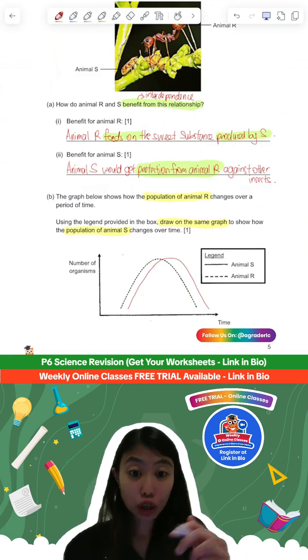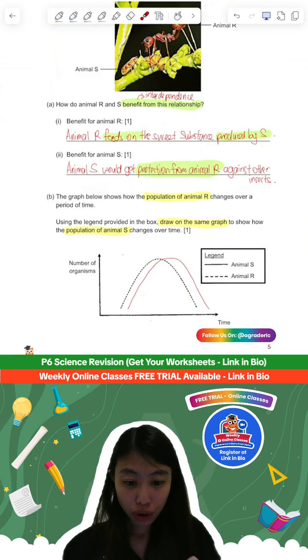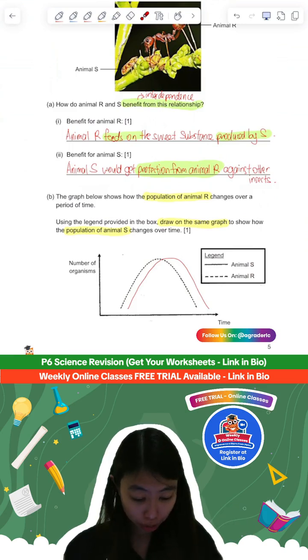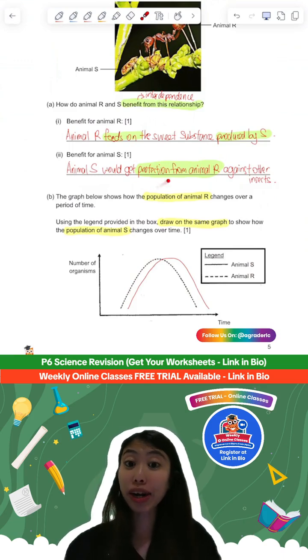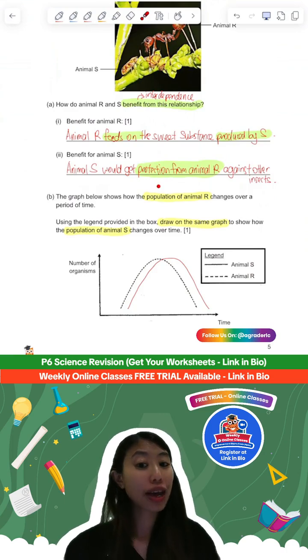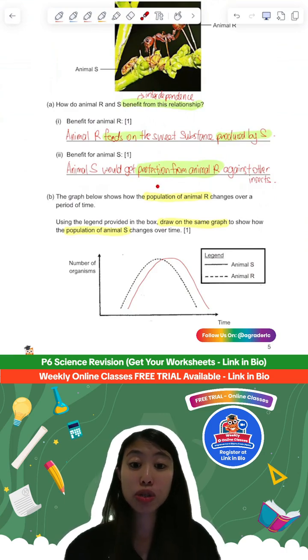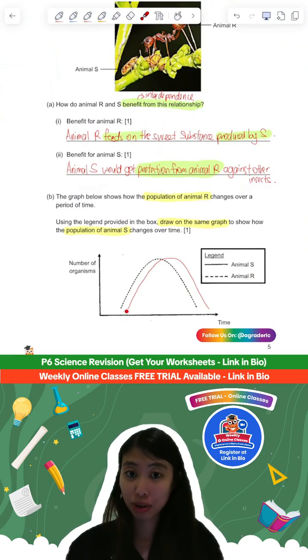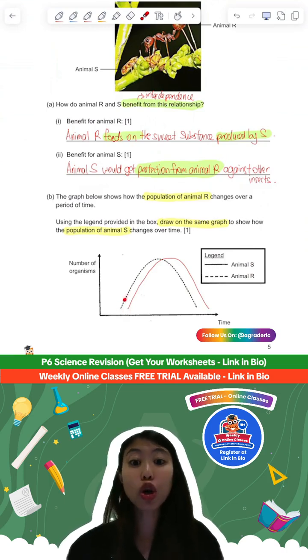I say later because it takes time for things to happen. If there is more animal R, animal S will get protected more, so they will have a higher chance of survival, and they will reproduce more. So S will also increase. But the protection and the reproduction take some time. That's why there should be a gap here. It shouldn't be joined together.